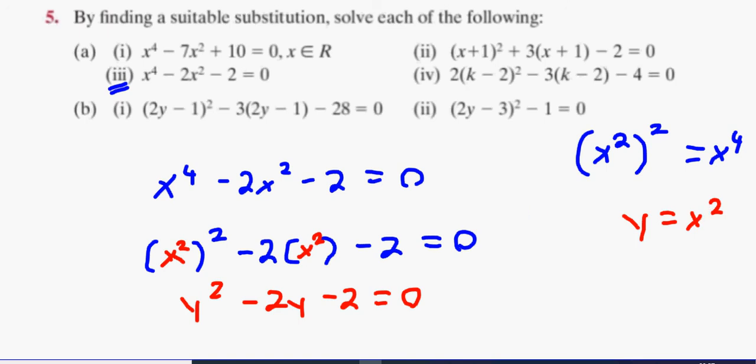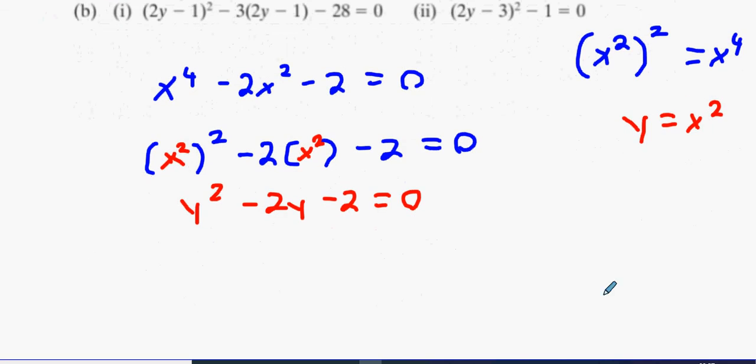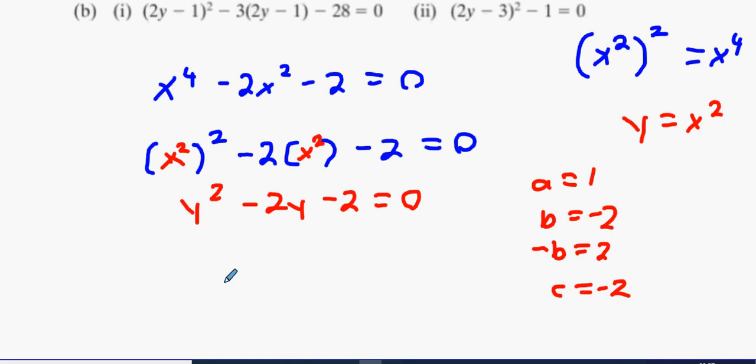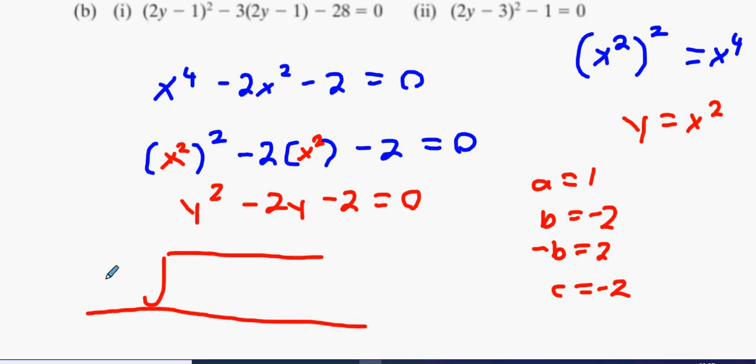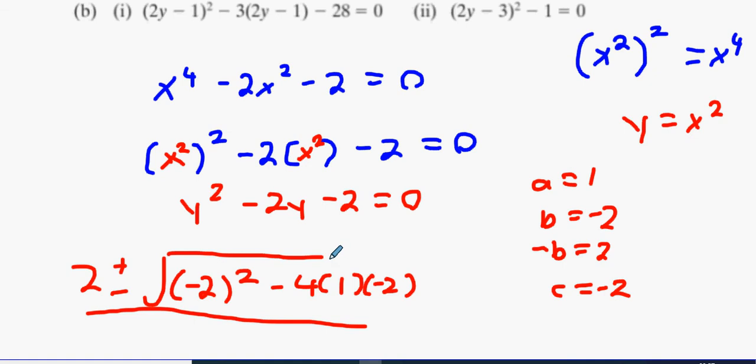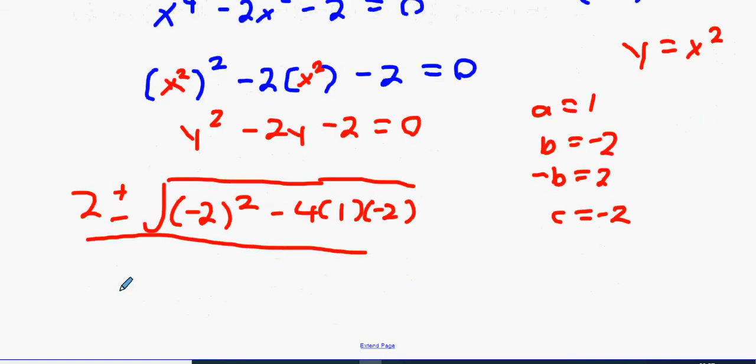So I suppose I should do this one. It is pretty evil. Okay, a value, b value, c value. Somebody get on the calculator for me. Minus b is 2, plus or minus the square root of b squared, which is minus 2 squared minus 4 times 1 times c, all over 2 times 1.